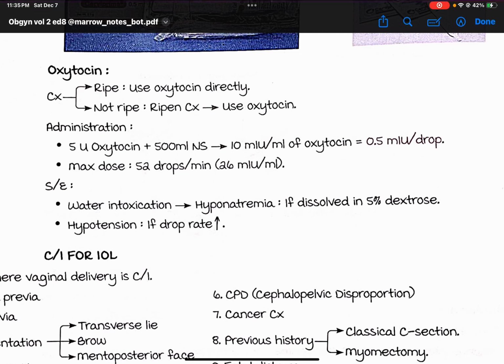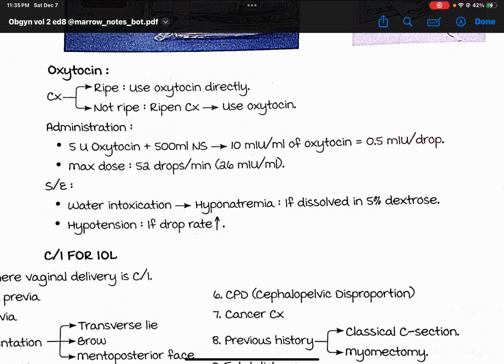Administration: 5 units oxytocin plus 500 ml NS. You have to mix that. Then 10 MIU per ml of oxytocin equals 0.5 MIU per drop. Max dose is 52 drops per minute.